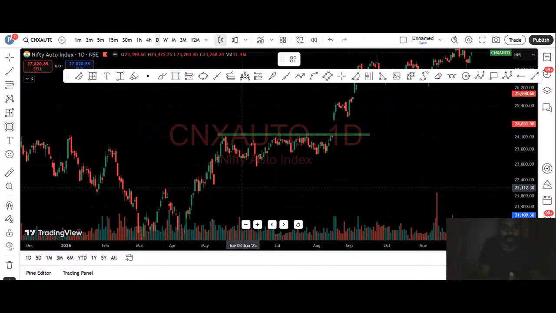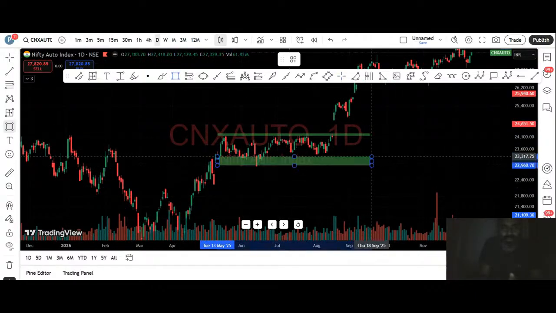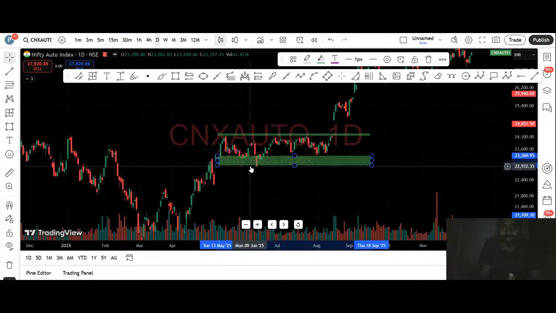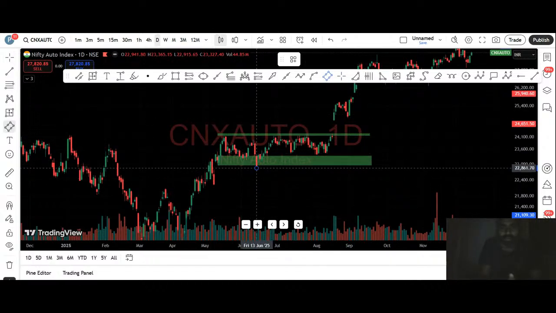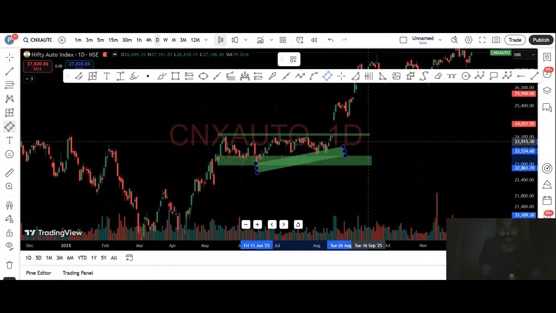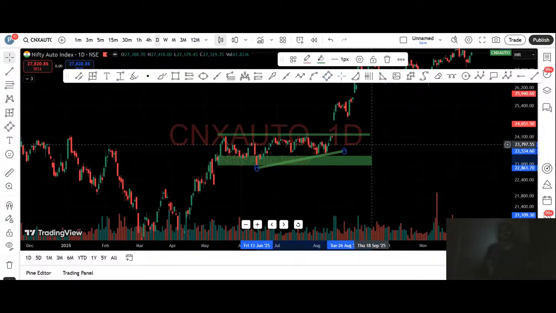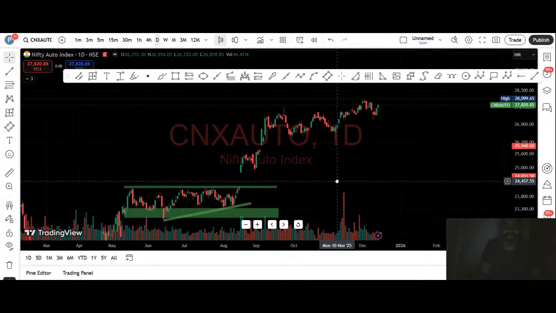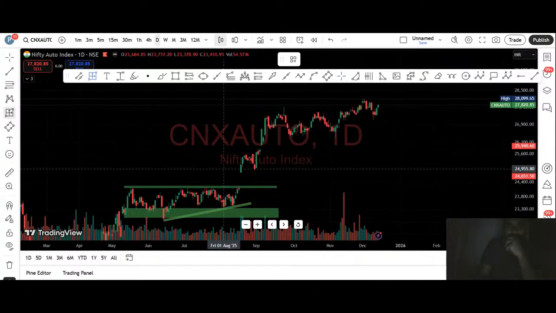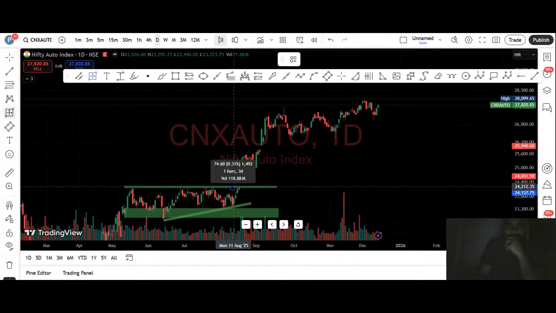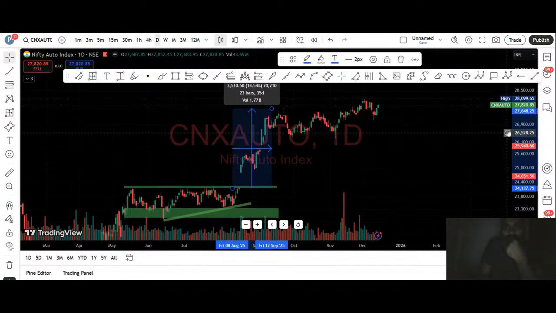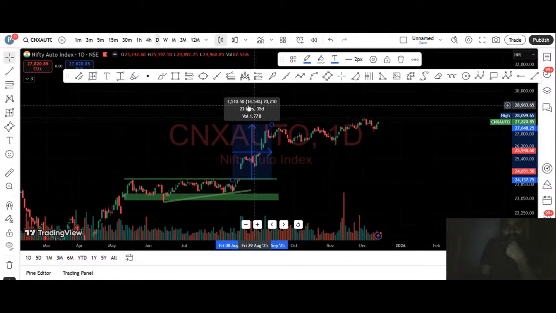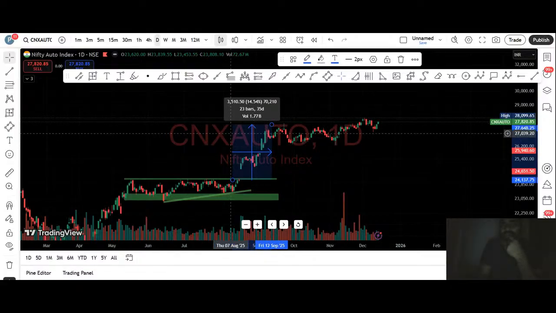At this bottom and this top, the price moved to equal top, equal bottom, converted into a higher bottom. This is also one of the signs. Thereafter it gave a beautiful rally in Nifty Auto, around 14% in the Nifty Auto index.